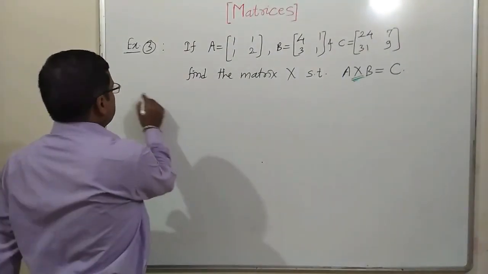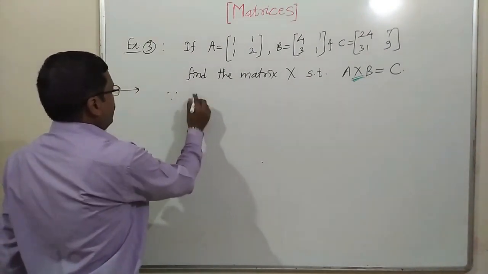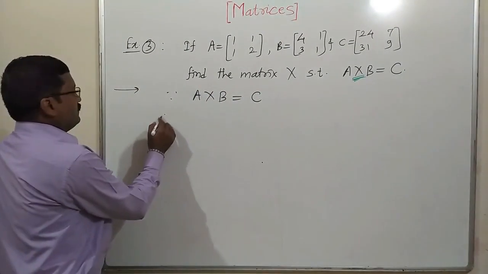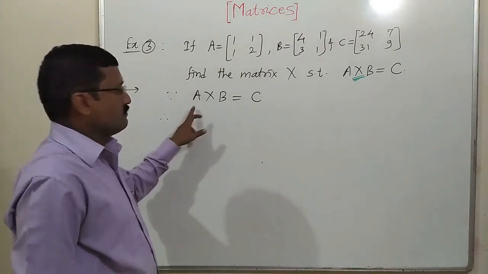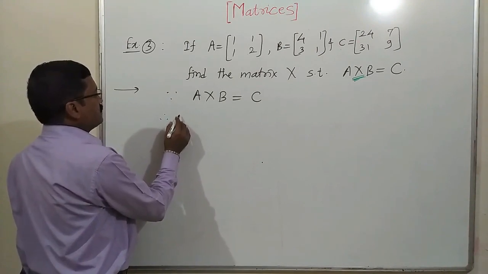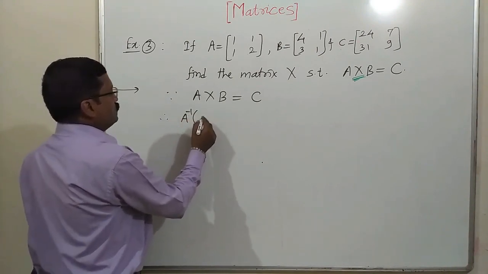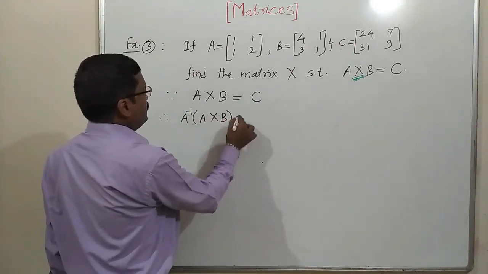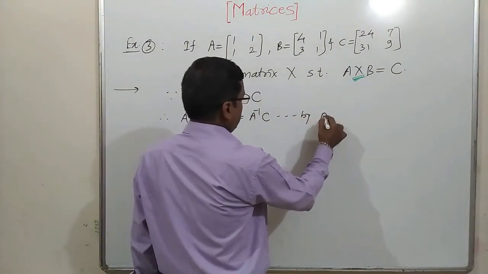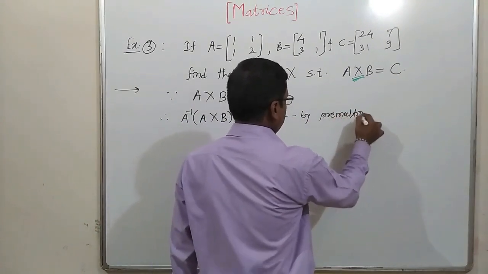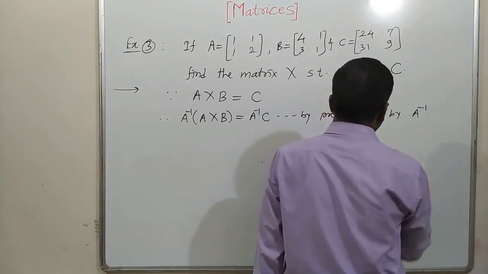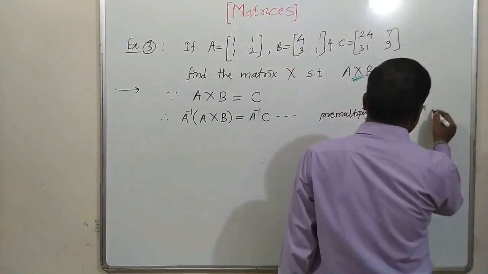Since in solution AXB is given equal to C, if we multiply both sides of this equation by A inverse as prefactor, then A inverse into AXB is equal to A inverse C. We are multiplying by A inverse to both sides.